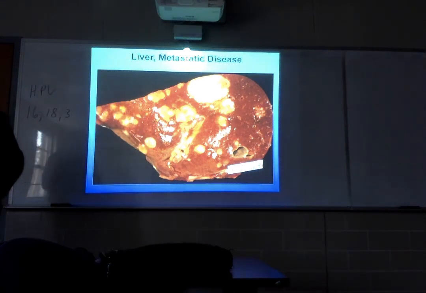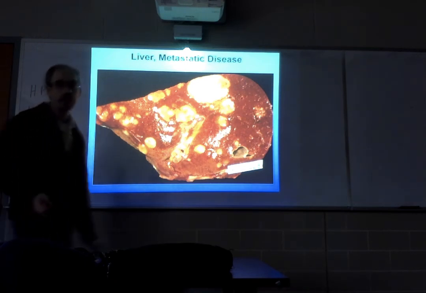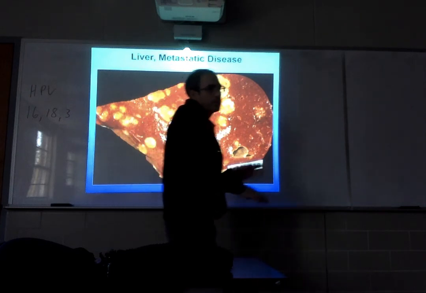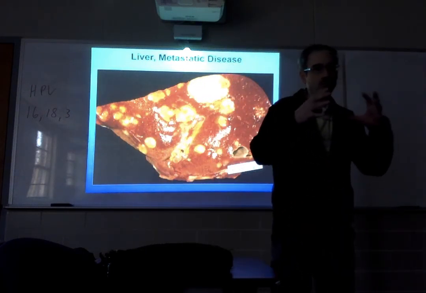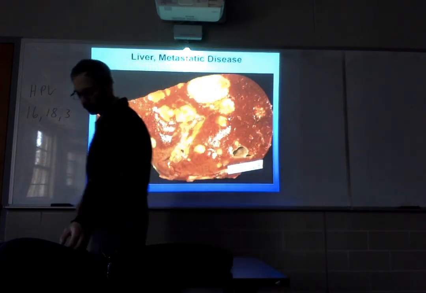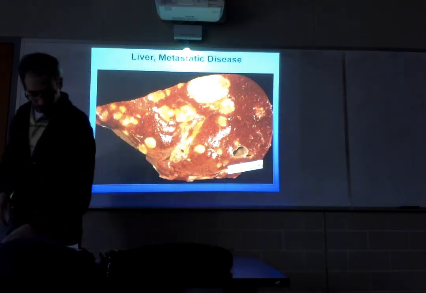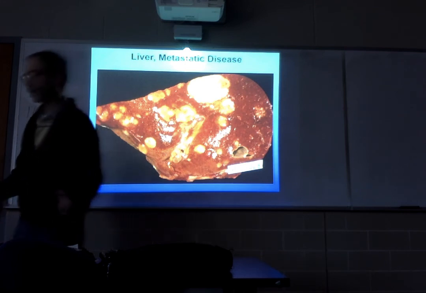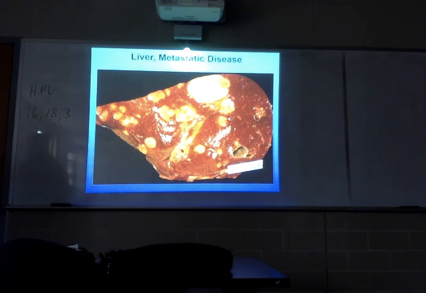So that's why, when you feel a lump in the breast, you're going to go in there and palpate those regional lymph nodes. If it goes to the axillary lymph nodes, the lymph node architecture gets effaced and destroyed, and the lymph node gets big, and you can palpate it. You'll have enlarged lymph nodes. Okay, simple mechanics like that you can use to predict where cancer is going to metastasize to first.